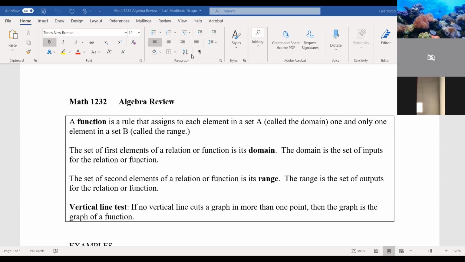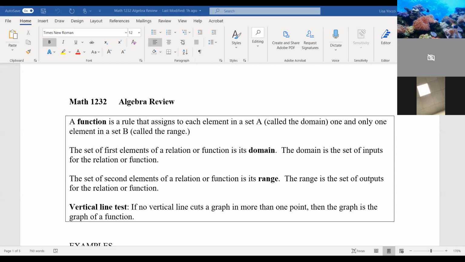So that's our definition. The set of all those first elements are the domain. Domain is also the set of all the inputs for the function. And all the second elements will be the range, and the range will be the set of all the outputs.